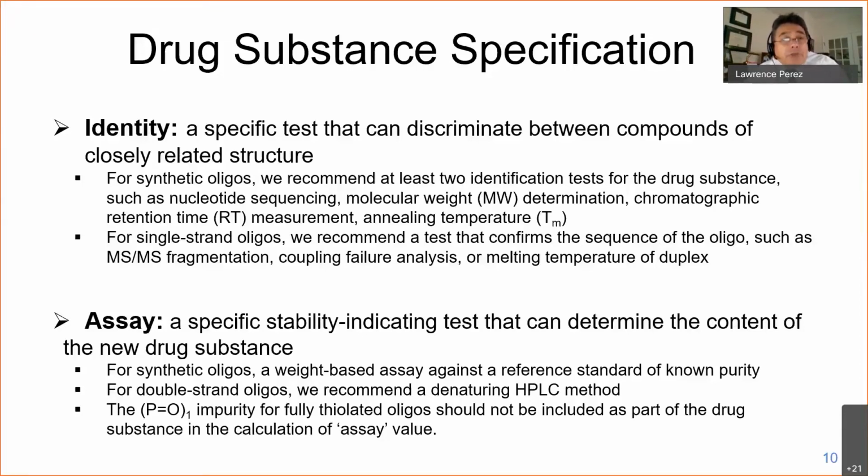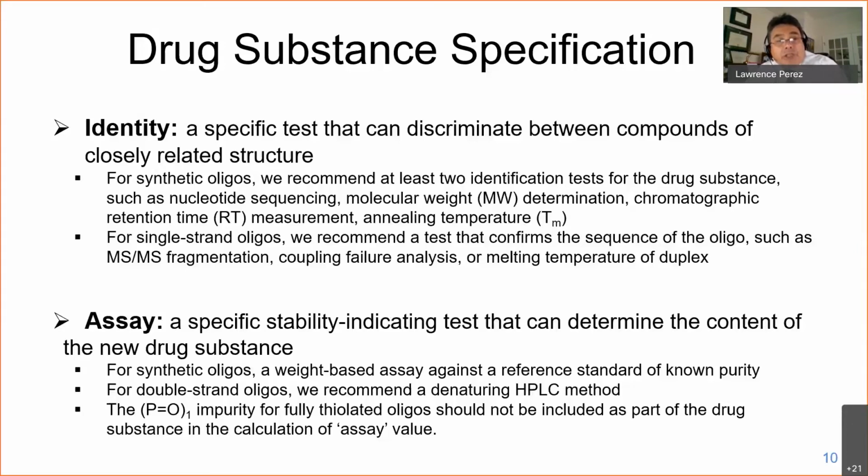Now, for double-stranded oligos, we also recommend that the test be a denaturing test, which separates the 2 strands of the double-stranded oligo into their individual strands for a more accurate determination of the content of the new drug substance.